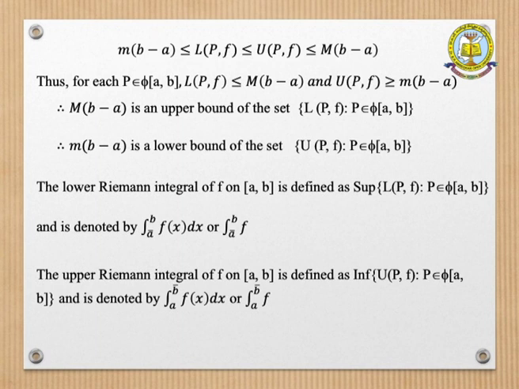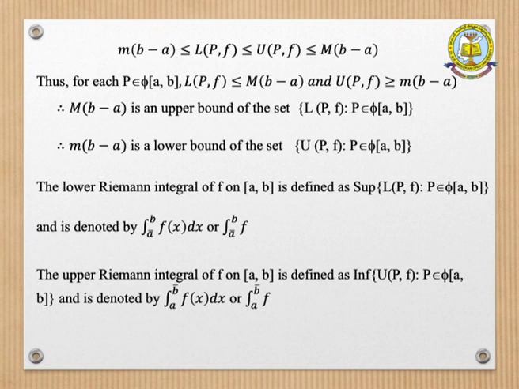So, by making use of this fact, we are going to define the lower Riemann integral and upper Riemann integral. How do you define the lower Riemann integral? It is nothing but the supremum of all LPF such that P belongs to the partitions of [a, b].